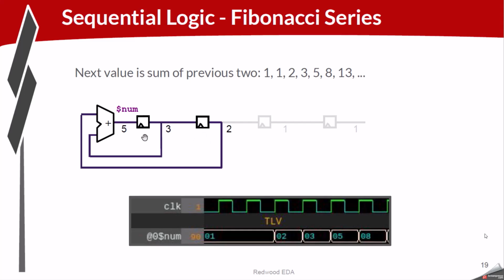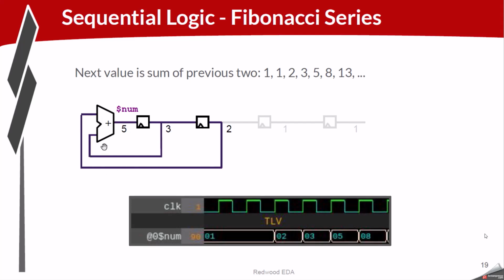So this is a circuit that will compute the Fibonacci series. If our circuit is currently holding on to a value of 3 and 2 in the flip-flops, and then the rising edge of the clock comes along, those values are then allowed to propagate forward. So the 3 and the 2 are getting summed up to produce a 5. Then the clock comes along, and the 5 and the 3 propagate forward.